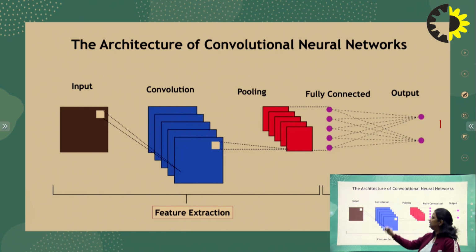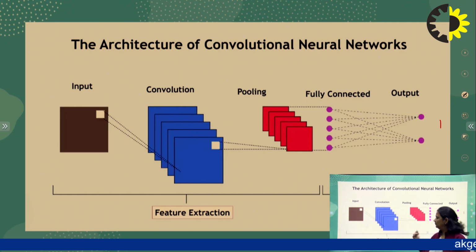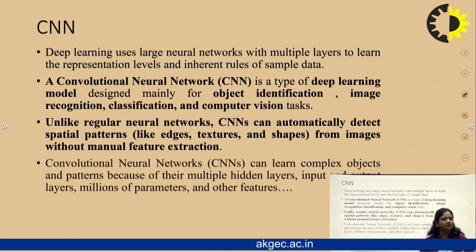So basically the input, convolution and pooling part is used for the feature extraction purpose, and the fully connected and output layer is used for the classification purpose from that image. We already discussed that the convolutional neural network is designed mainly for object identification.